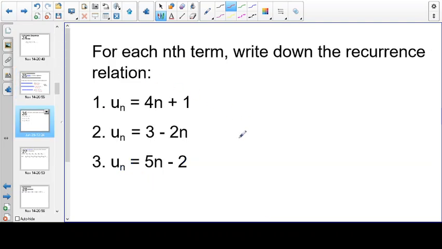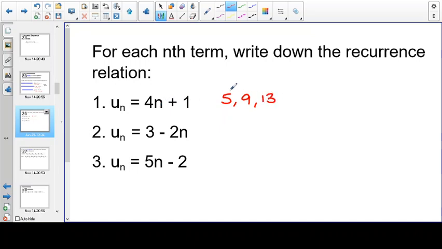We can also go the other way. If we know the nth term, we can write down what the recurrence relation is. This one here, if we write down the first few terms of the sequence, when n is 1, u1 will be 4 times 1 plus 1, which is 5. u2 will be 4 times 2 plus 1, which is 9. u3 will be 4 times 3 plus 1, which is 13.